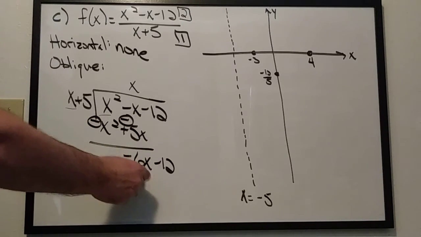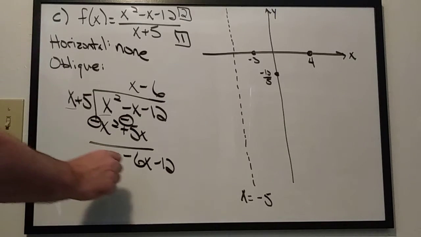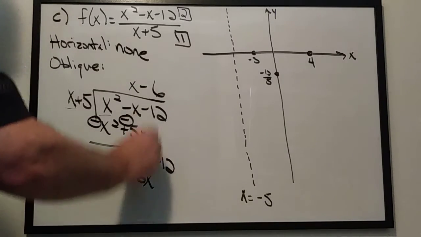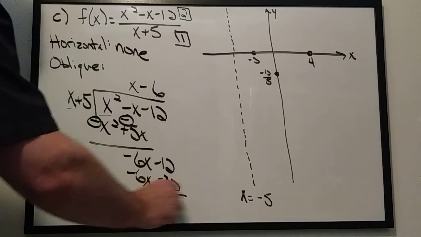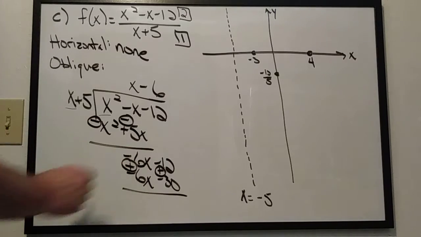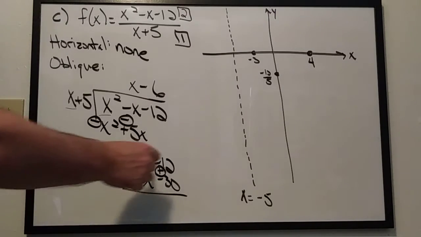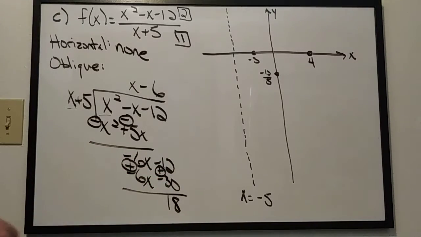How many times does x go into negative 6x? Negative 6 times. Multiply negative 6 times the x, we're going to have negative 6x. Multiply the negative 6 times the positive 5, we're going to have negative 30. Change both signs. Negative 6x and positive 6x cancel each other out. Negative 12 plus 30, looks like we're going to have an 18 there.